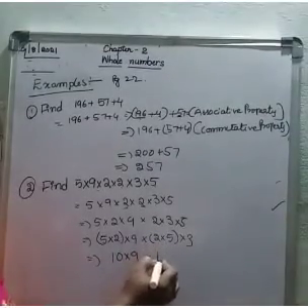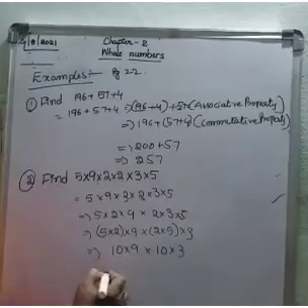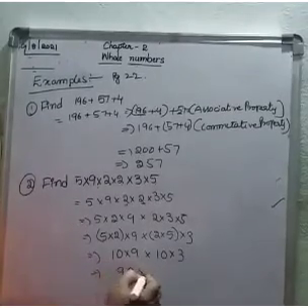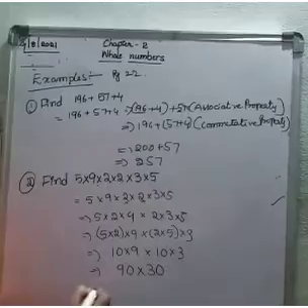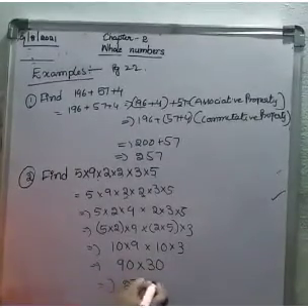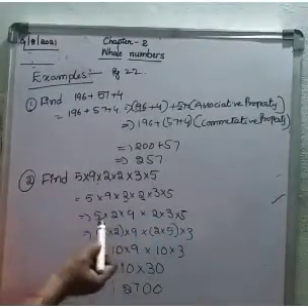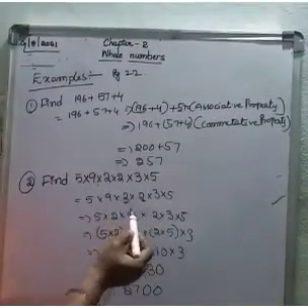2 fives are 10 into 3. 10 nines are 90. 10 threes are 30. 9 threes are 27. Remaining 2 zeros. First you have to arrange all this. Here 2 twos are there.